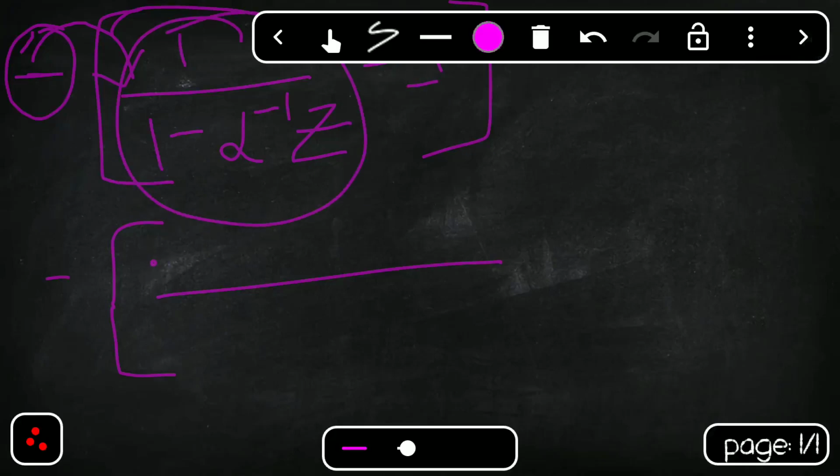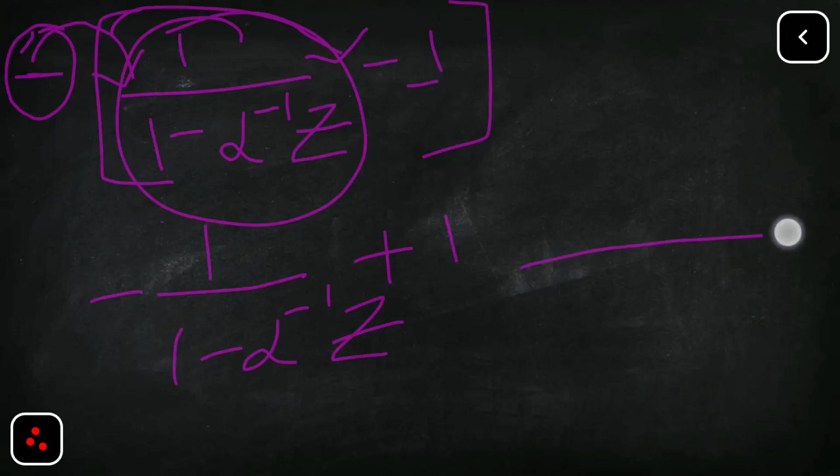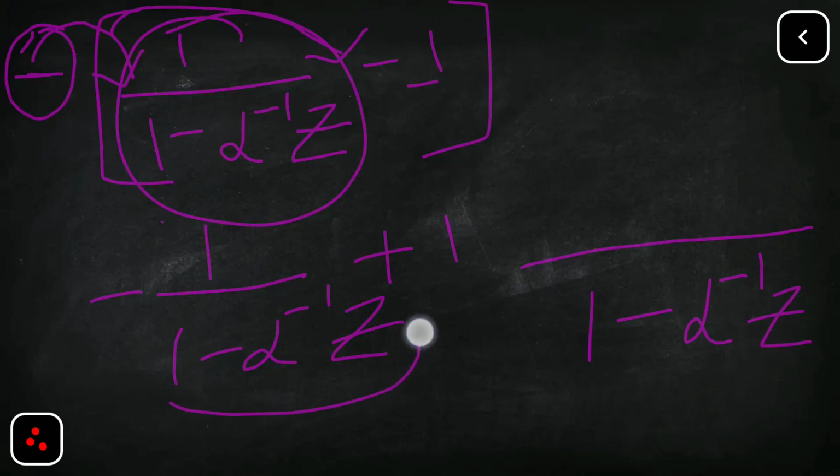I'll erase this and rewrite it again. So I now get it as minus 1 by 1 minus alpha to the power of minus 1 into z, so that is minus, plus 1. Now I'll do the simplification, that is 1 minus alpha to the power of minus 1 into z inverse.